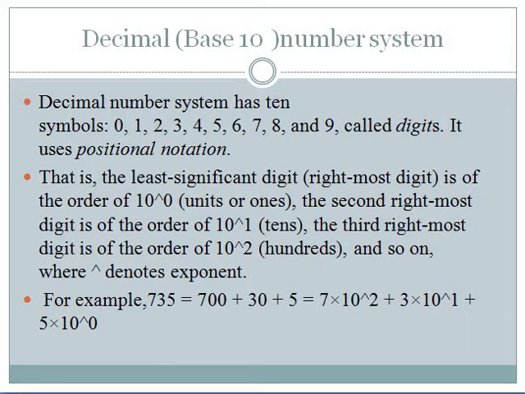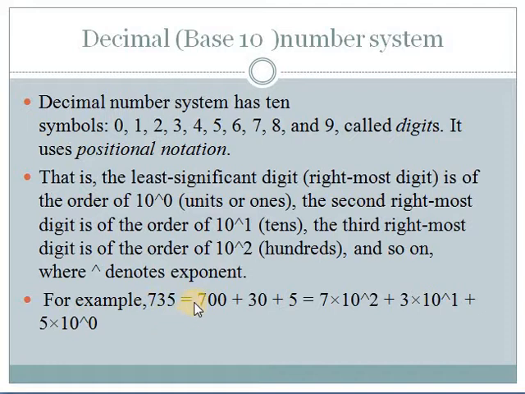The second rightmost digit is of the order of 10 power 1, that is tens. The third rightmost digit is of the order of 10 power 2, hundreds, and so on, where power denotes exponent.